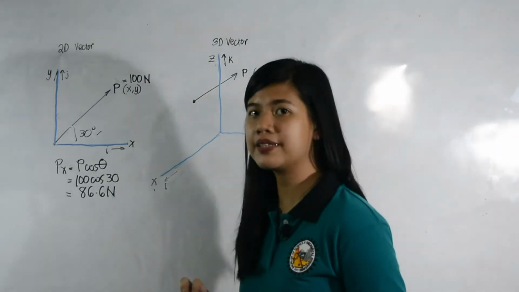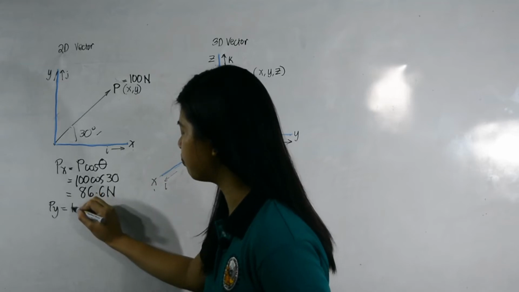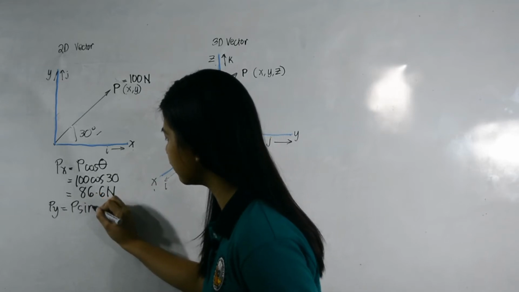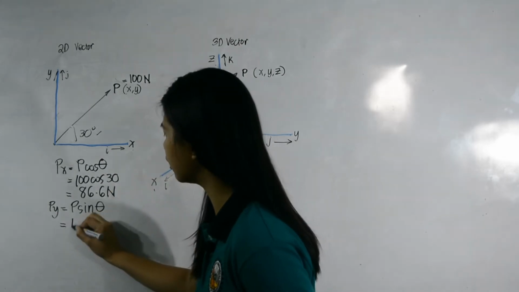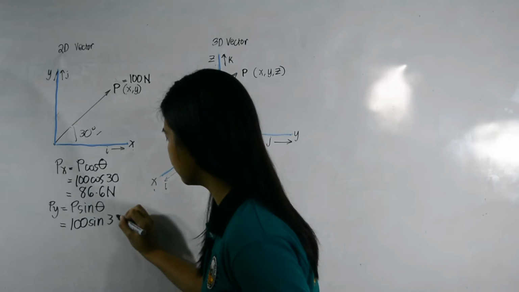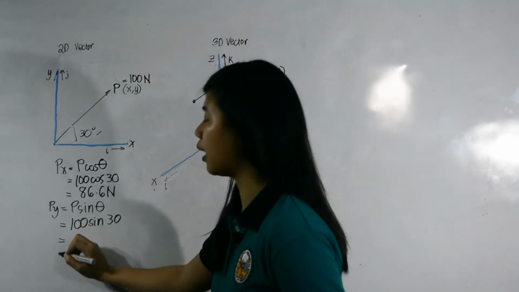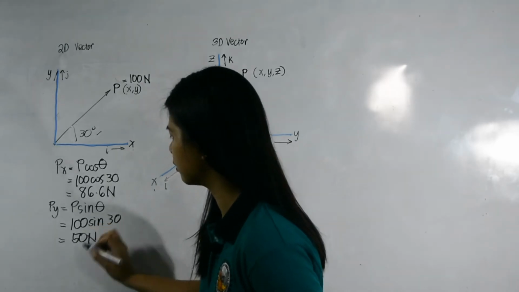And for our P sub y, we have P sine theta. That will be 100 sine 30, which gives us 50 newtons.